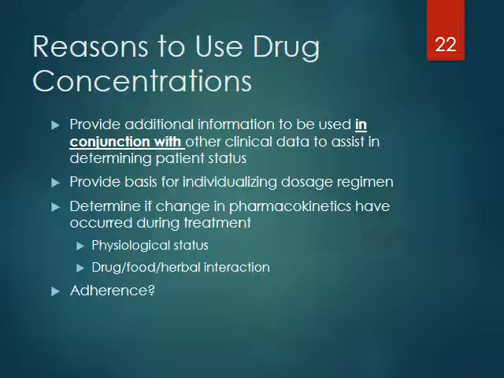And then also, you may use drug concentrations to check for adherence to medication. Something I hadn't considered before I'd heard about it was when I was in rotations, I had a friend who was taking a rotation in not a substance abuse clinic, but a chronic pain management clinic. Patients who were suspected of drug seeking, they would actually do blood levels for, say, hydrocodone, which is an opioid analgesic.